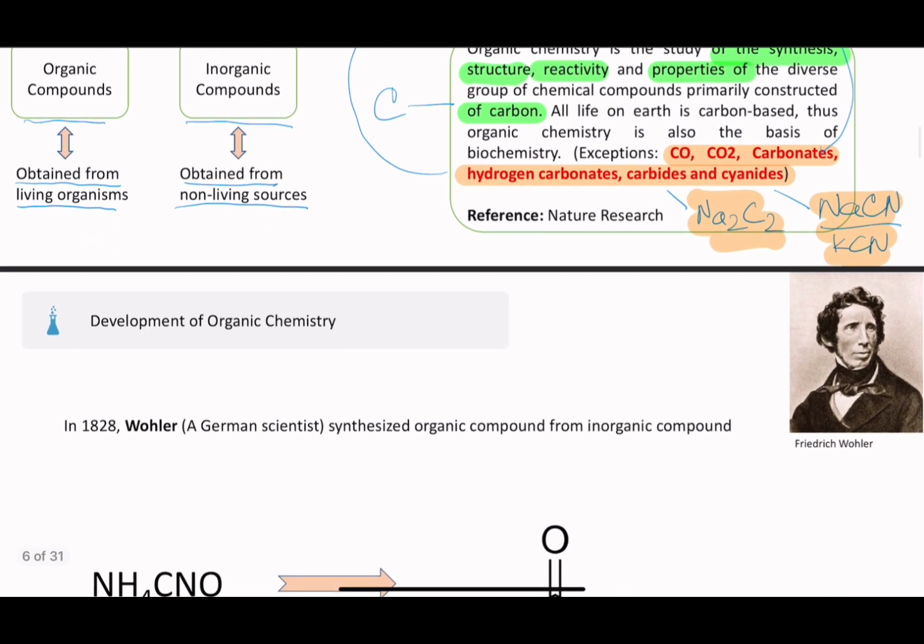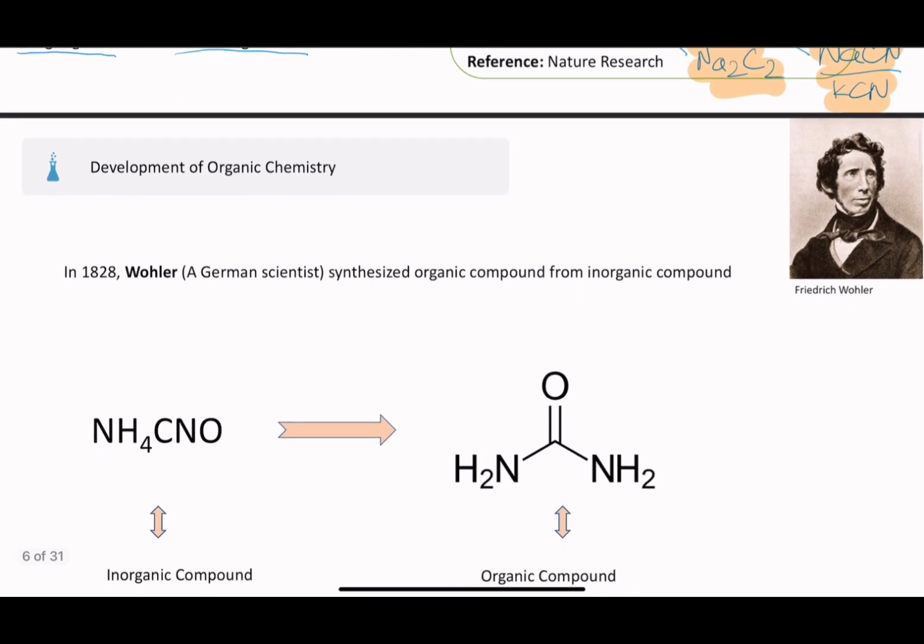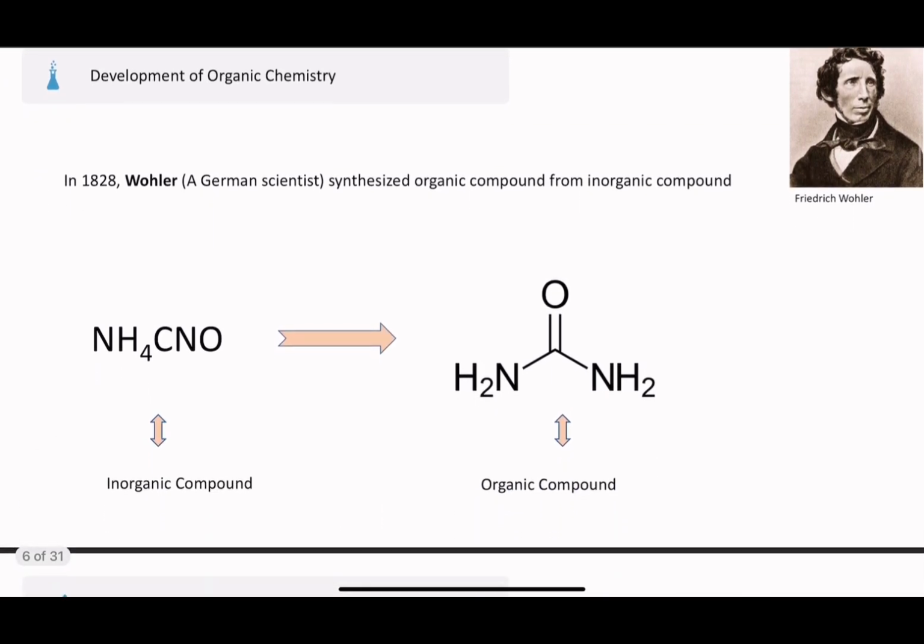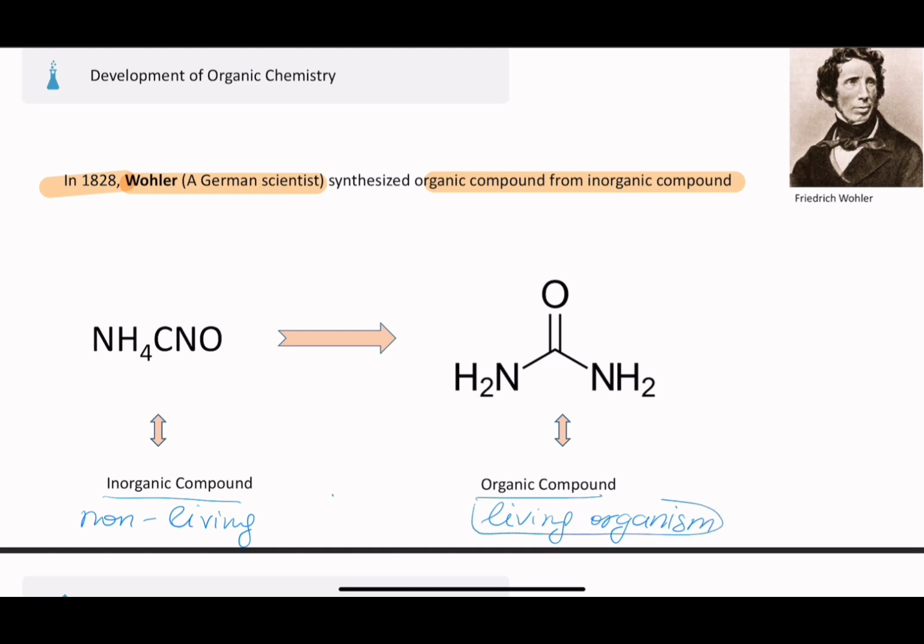Perfect. So now we move on. We're going to be talking a little bit about how people were thinking back in the day and what has changed. So in 1828, a German scientist, Wöhler, synthesized an organic compound from an inorganic one. We talked about how back in the day they were saying that the inorganic compound comes from non-living organisms, and the organic compound comes from living organisms, so you can only get an organic compound from a living organism, right?